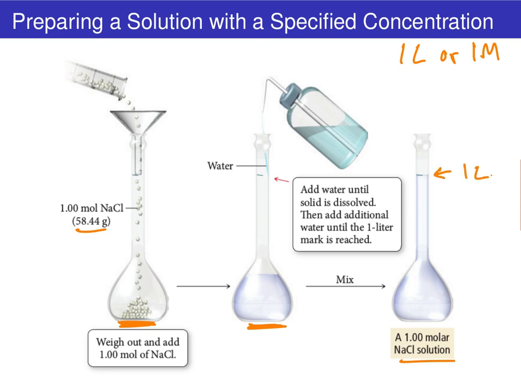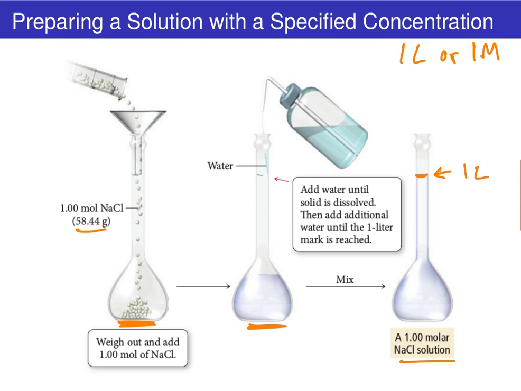Okay. So relatively straightforward process, but it's very common that I see students make some errors here, and the most common error is to start off by filling up the volumetric flask to that 1 liter mark and then adding your solid.